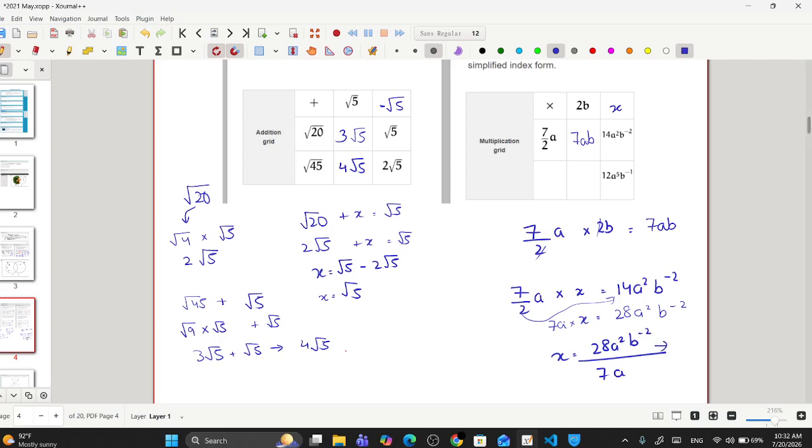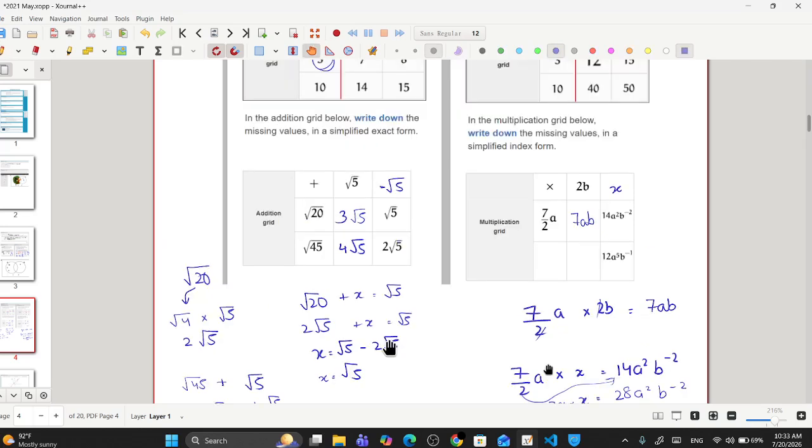So what answer does this leave us with? When 28 is divided by 7, we get a value of 4. When a square is divided by a, we get a value of a. Am I doing it correctly? I think so, yeah.